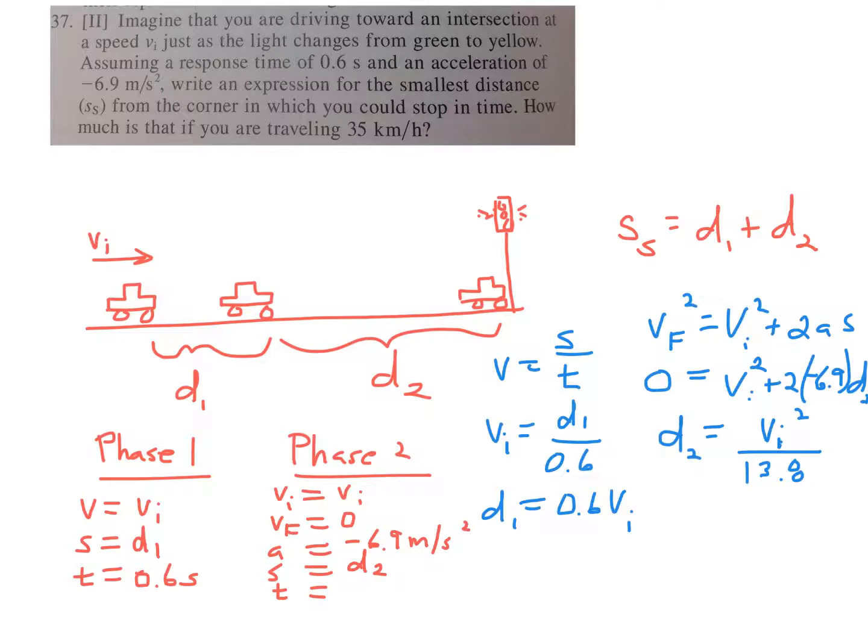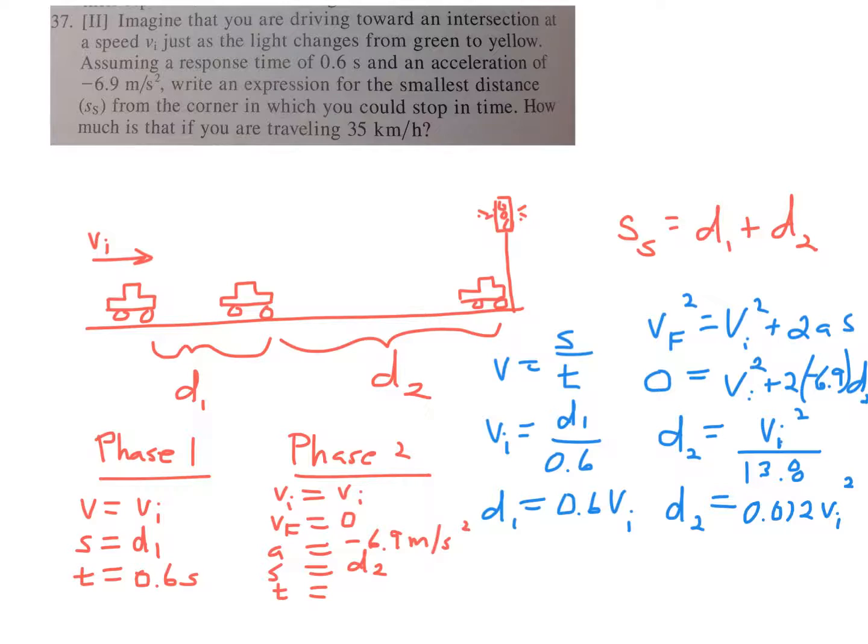And I'm going to put that in decimal form. d sub 2 equals 0.072 v sub I squared.